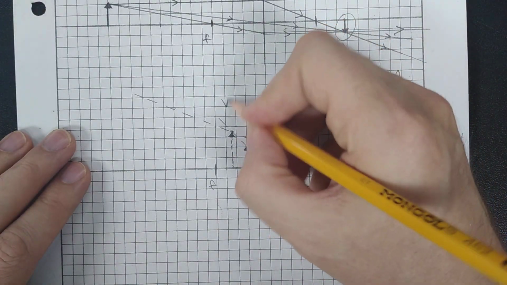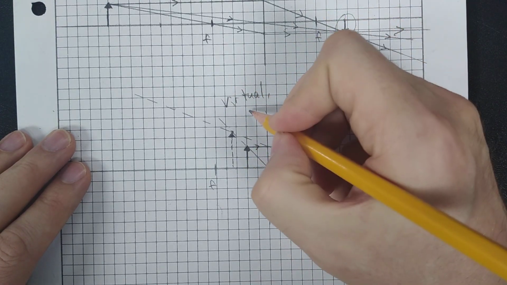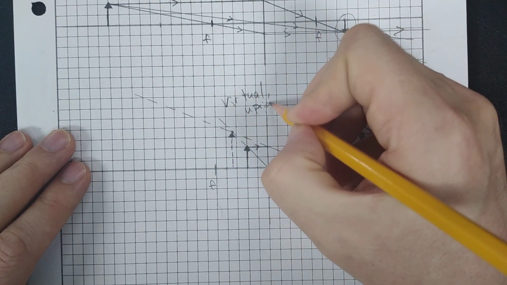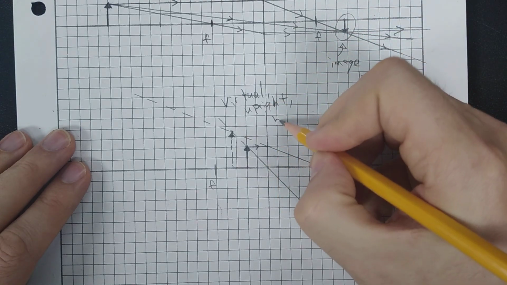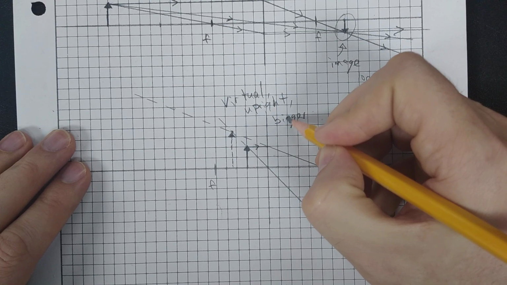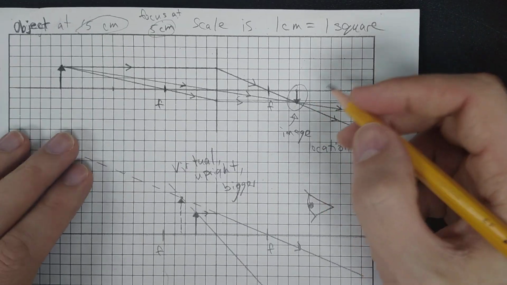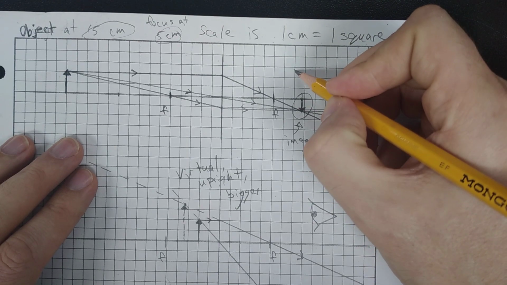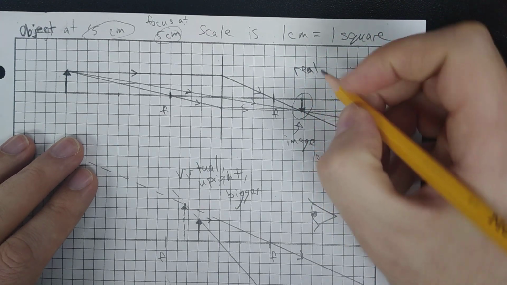It is upright, virtual image, not inverted, it's upright, and bigger than the object. All right, over here on our previous example, this is a real image because light rays actually pass through this location.